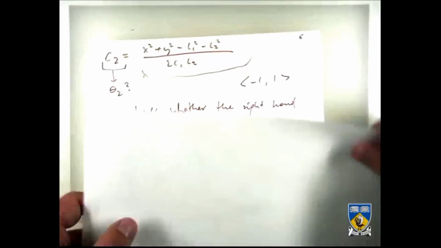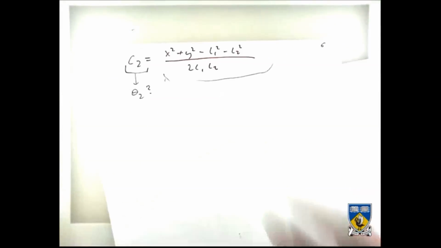Okay? So this is our result for the cosine of theta 2, right? x squared plus y squared, something with dimensions, divided by, again, something with the same dimensions. So for a given position of the end effector, you get the cosine of theta 2.